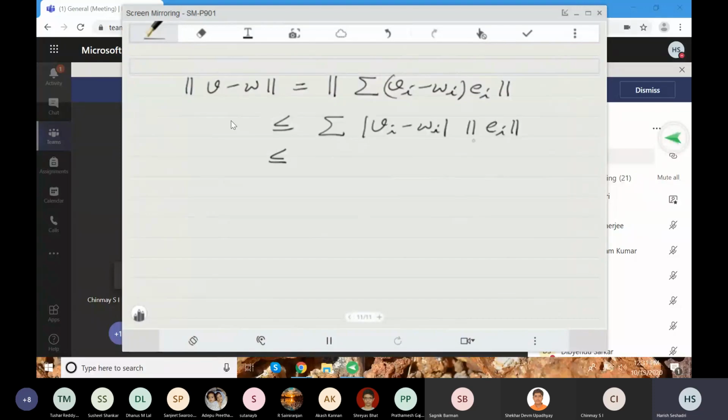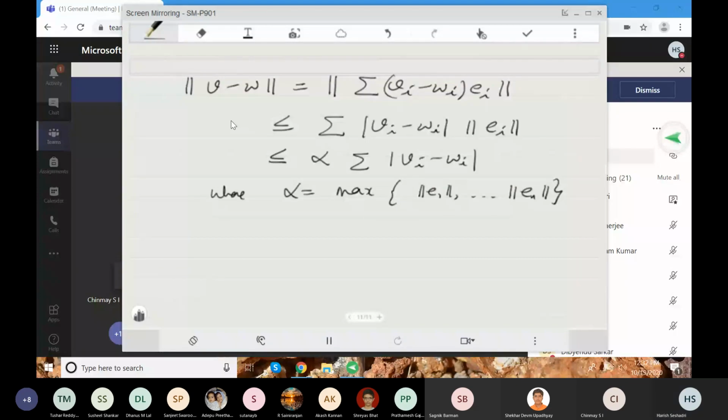There are finitely many of them, so this set will have a maximum. I'll call it alpha, where alpha is equal to the maximum of norm e1 all the way up to norm en. So this is the main inequality.